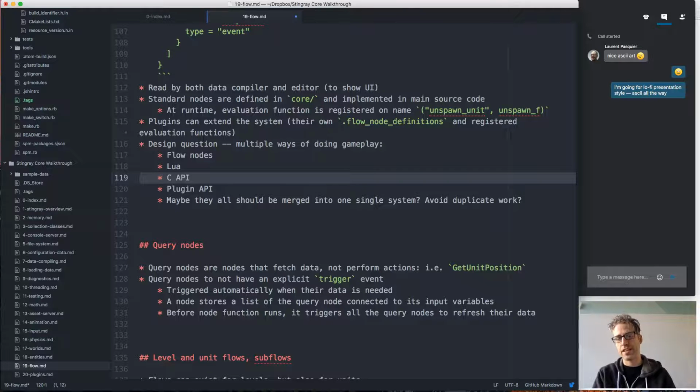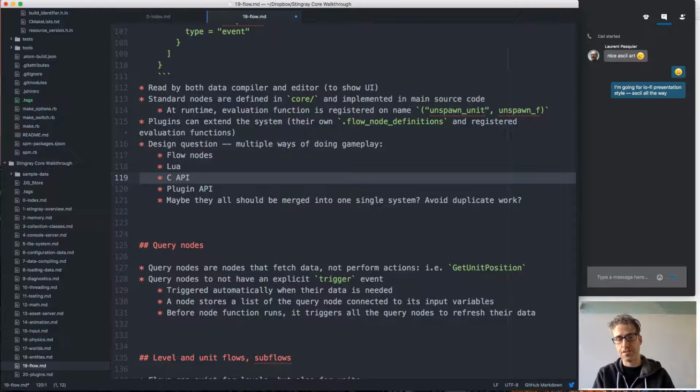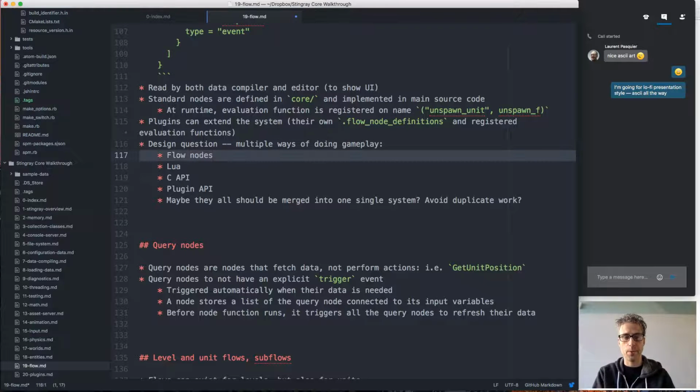It would feel more low level, and it would be harder to grasp for non-programmers. On the other hand, we're paying a lot of overhead by creating all the flow interfaces separately from these interfaces. So you could argue either way.